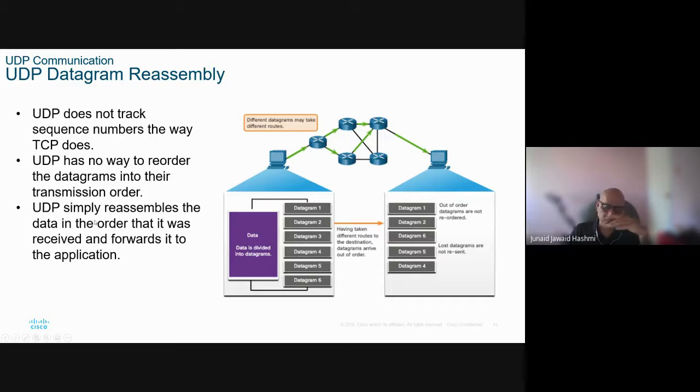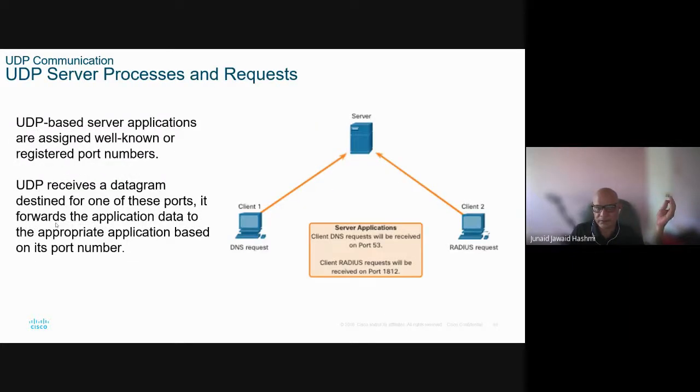If the data is lost, it cannot correct the sequence because it doesn't use any sequence numbers. There are known applications that use UDP. One of them is, sorry, not FTP server.